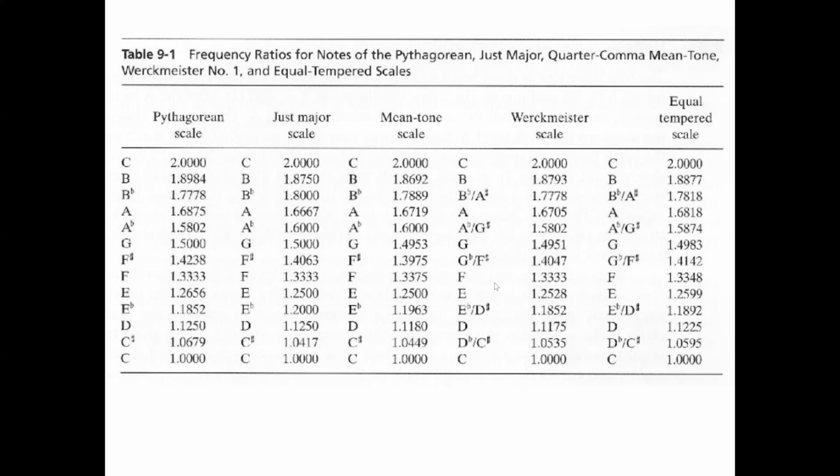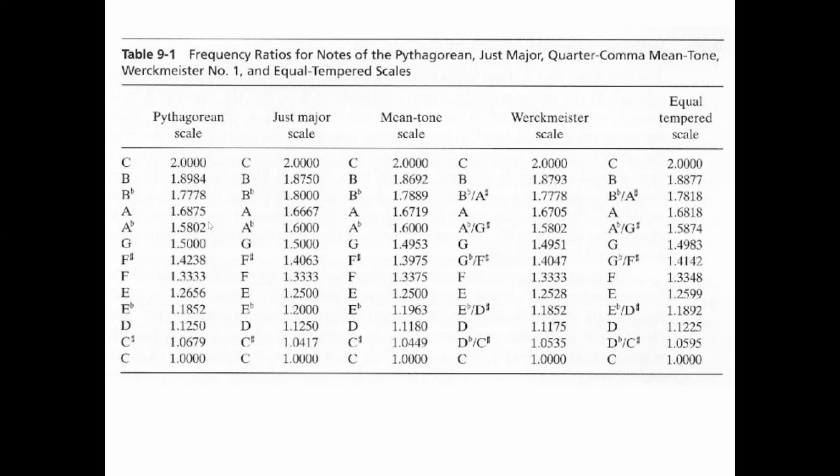If I just pick another random fifth out that is not the A flat to C sharp one, so let's say, I don't know, let's go F sharp. F sharp to B flat. Is that right? No, that's not.